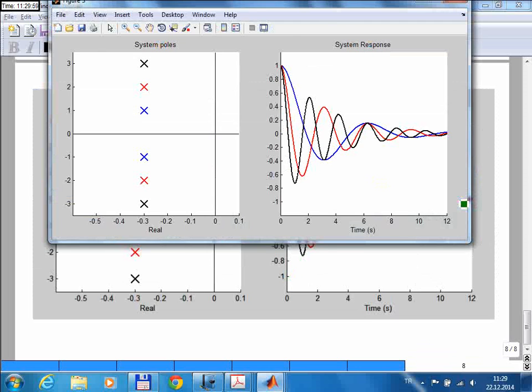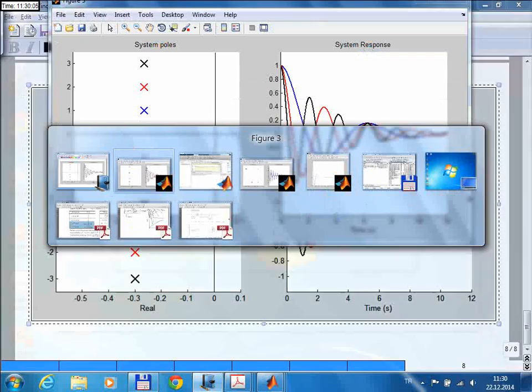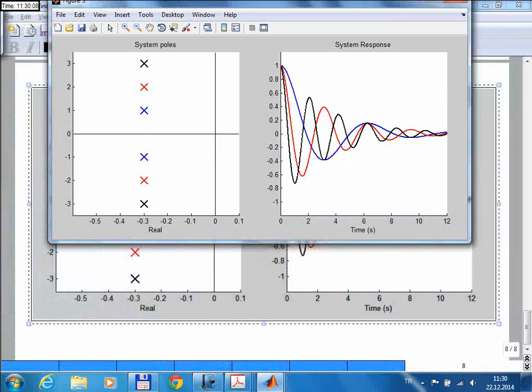And we can see that from here. For example, let's take a look at the blue one. The blue one has the response, this response.